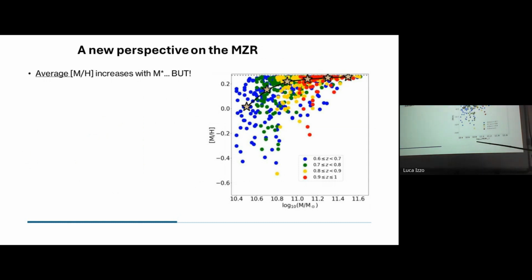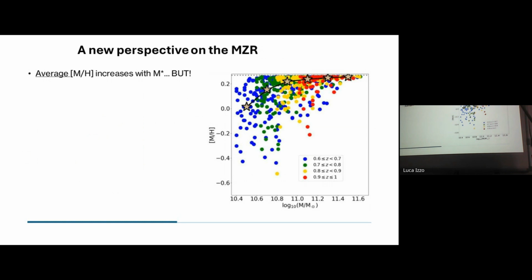This is the mass-metallicity diagram I obtained, and the stars here are the average values at each mass bin. And as you can see, we recover the mass-metallicity relation, meaning that on average, the metallicity increases with the mass. However, as I was pointing out earlier, while at high masses we only have high metallicity galaxies, when you go to lower masses, you can have both galaxies with low metallicities and metallicities as high as the most massive galaxies.